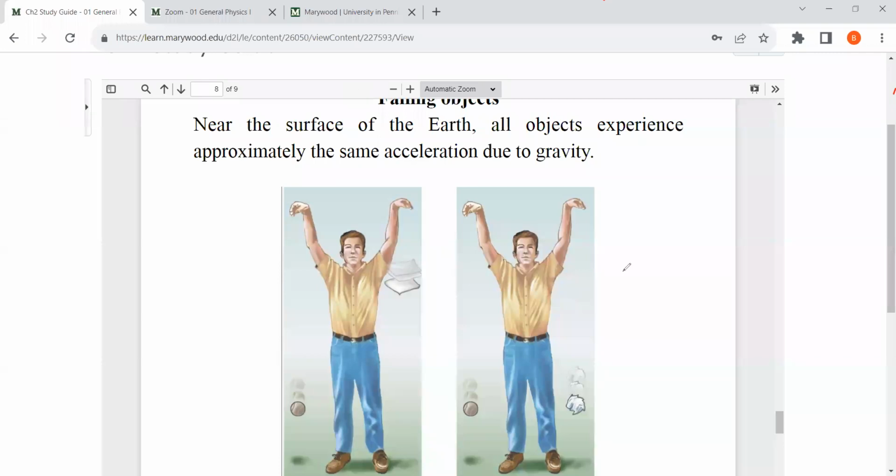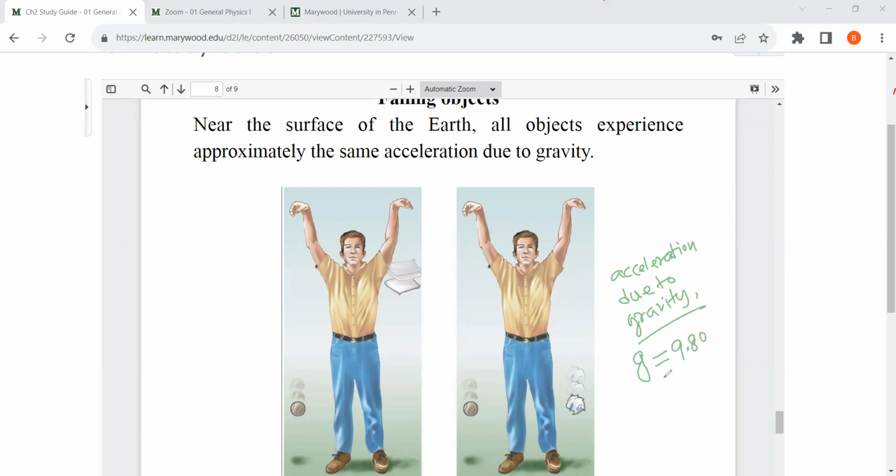The rate at which earth pulls everything downward, we call it acceleration due to gravity, and we use the symbol g for gravity. Gravitational acceleration, and the value of gravitational acceleration is 9.80.